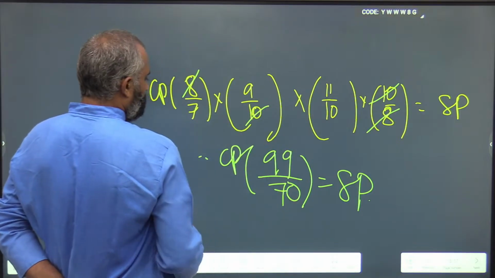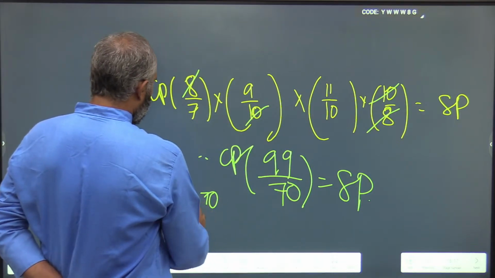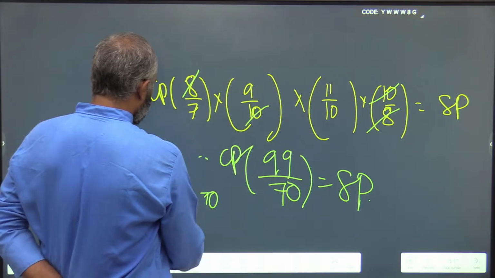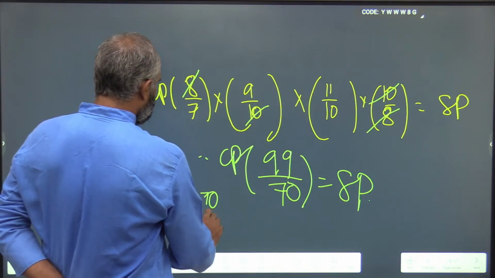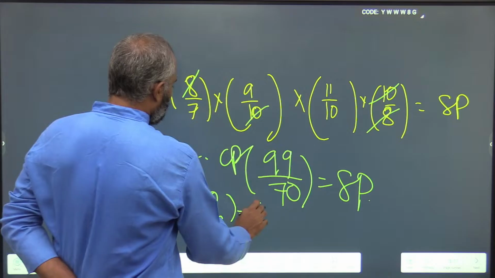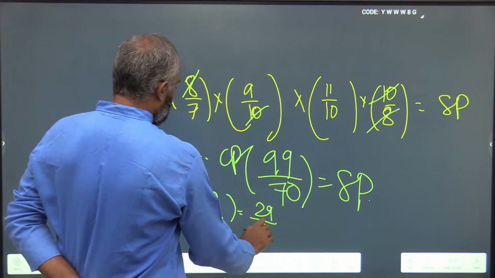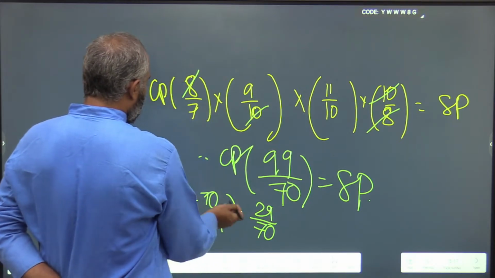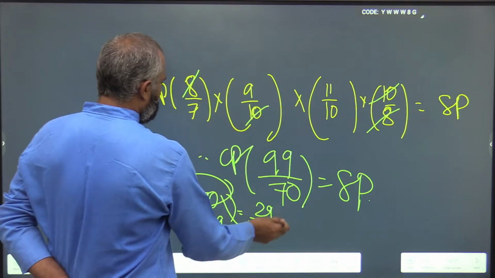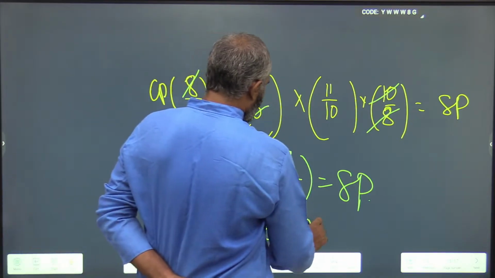So the CP, cost price, is 70 and the selling price is 99. So what is the profit? 29 by cost. Profit is always measured with reference to cost price, into 100%.